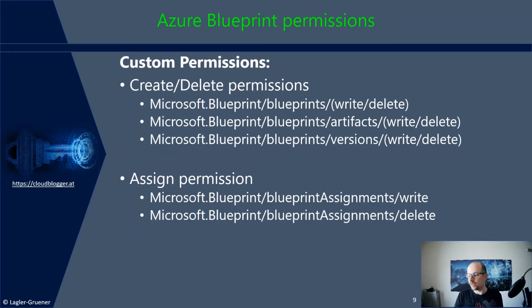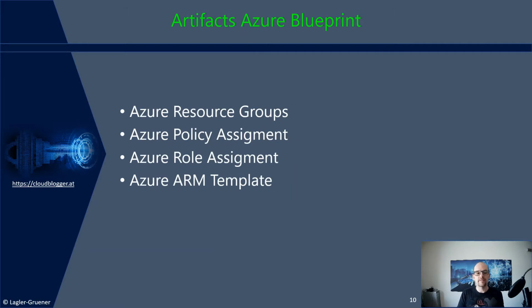Okay, then we think about artifacts. When we create a new blueprint, we have different artifacts available. One artifact, for example, is that you can create a new resource group inside a subscription.